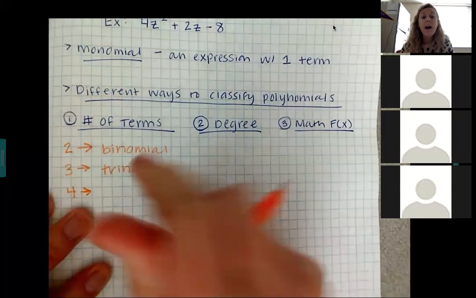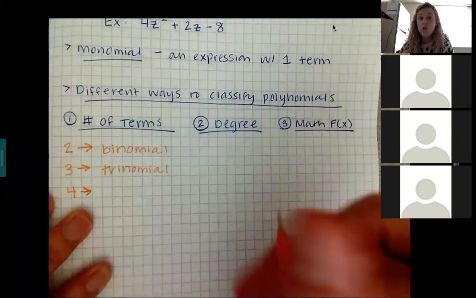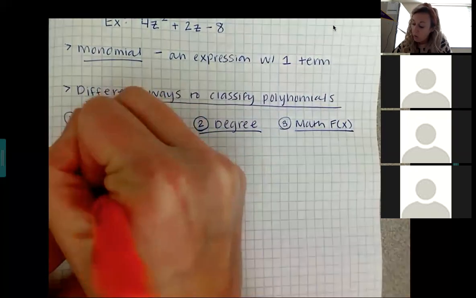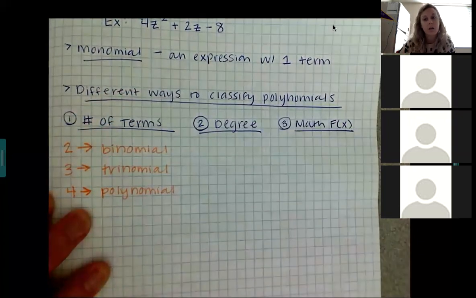Once you get past 3, they don't fit in a regular car. You got to upgrade, get you something bigger. So now I've got a big old Honda Pilot that seats 8 people. Trying to be a soccer mom, the Brady Bunch or something. So if you have more than 3, you have to upgrade. So once you get more than 3 terms, all we call it is a polynomial. It just means many. Once you got more than 3, it's too many. You got to upgrade. So we're just going to call it a polynomial. Okay?